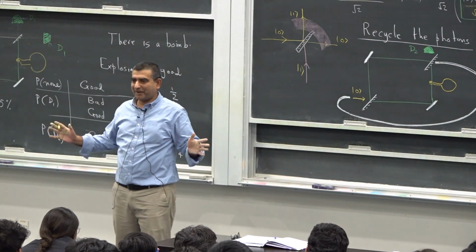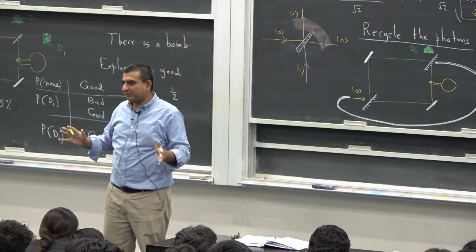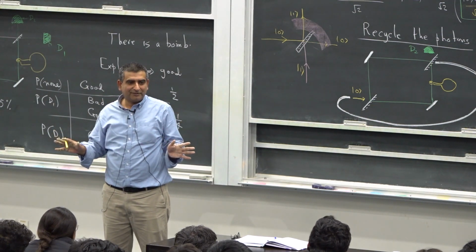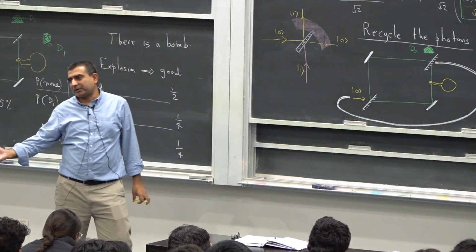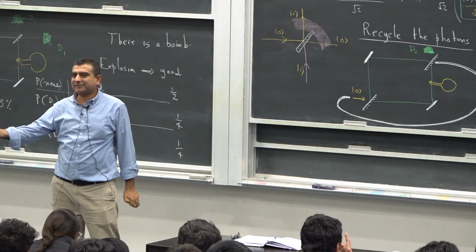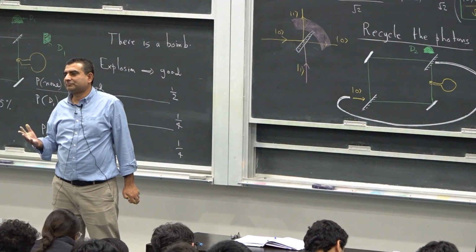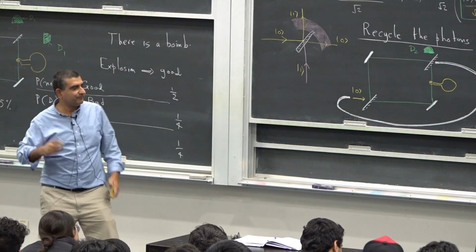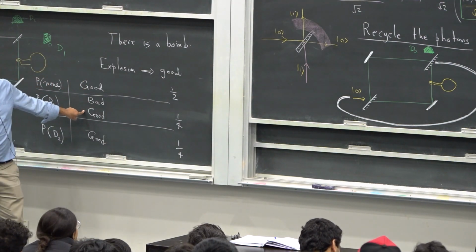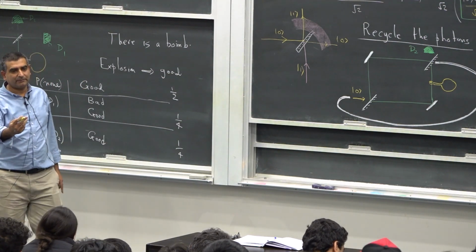You know that straight away. Now suppose neither detector D2 clicks, nor does the bomb explode. Is the bomb a good bomb or a bad bomb? It could be either.